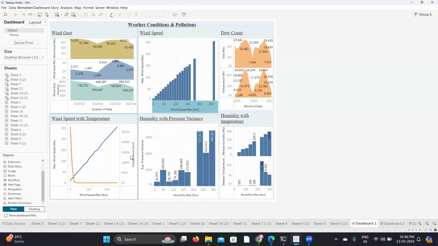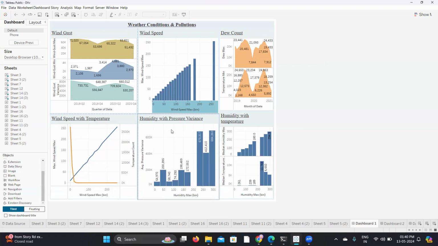This graph highlights how wind speed increases with temperature, a vital factor in understanding how warmer conditions might enhance the dispersion of air pollutants. Here you can see that the blue line, which is max wind speed, is increasing with respect to the max wind speed and the temperature count.